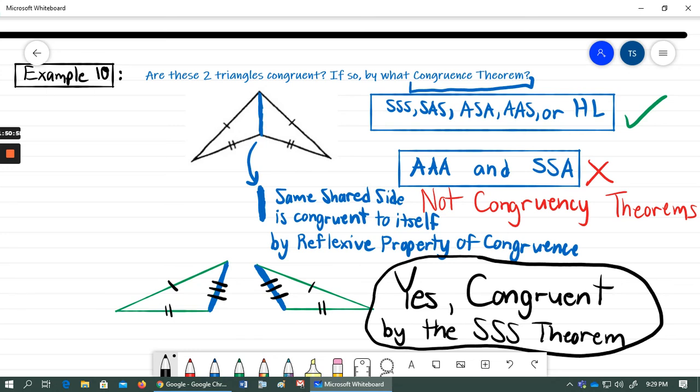We've shown you several different types of examples where we were using these different congruence theorems for proving two triangles congruent. I do hope it's been helpful.